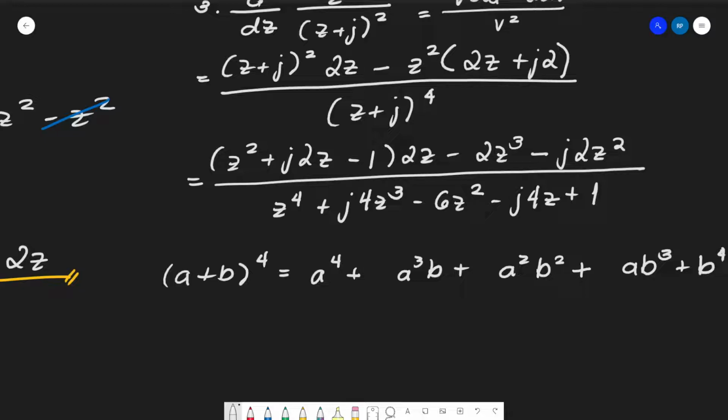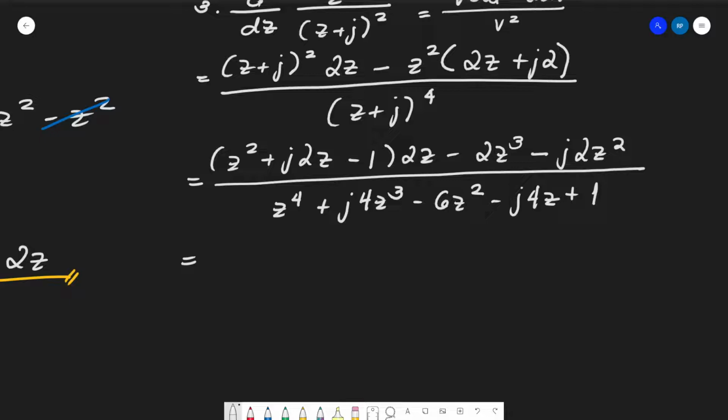So, using Pascal's triangle, 1, 1, 1, 1, 2, 1, 1, 3, 3, 1, 1, 4, 6, 4, 1. So, 1, 4, 6, 4, 1. Kaya meron tayong 4, 6, 4 dito. So, dyan siya nanggaling. Yan yung binomial expansion ng a plus b raised to 4. So, burahin ko na.